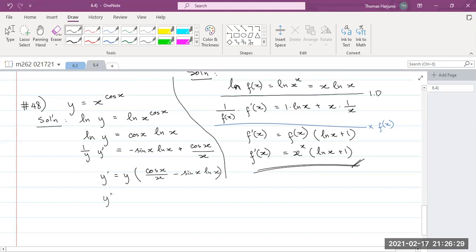I'll change that y back. That's x to the cosine x times cosine x over x minus sine x ln x. Phew, that's messy, huh?